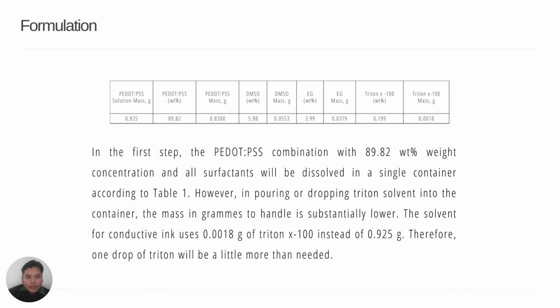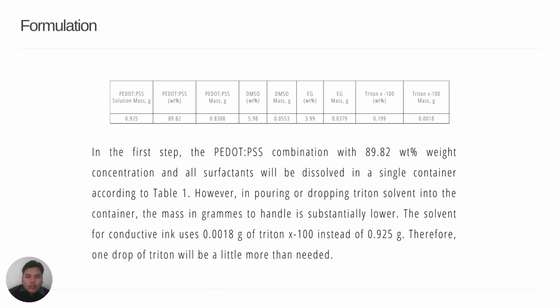Bismillahirrahmanirrahim. Assalamualaikum. My name is Muhammad Shafiq and I will present about formulation. In this case, we use PEDOT as a polymer binder. In the first step, the PEDOT with 89.82% weight concentration and all surfactants will be dissolved in a single container according to Table 1.